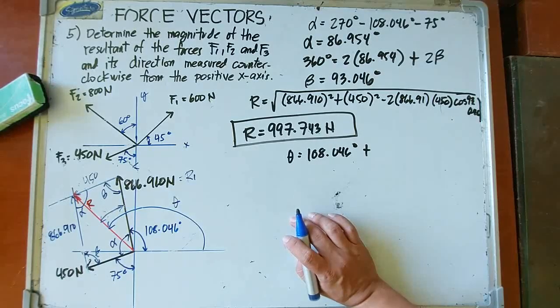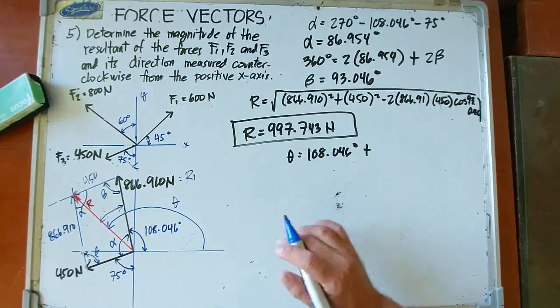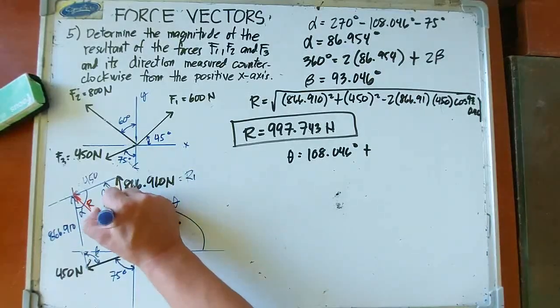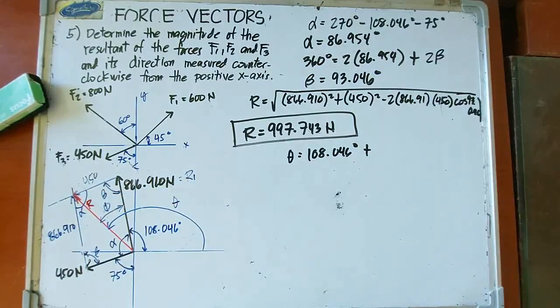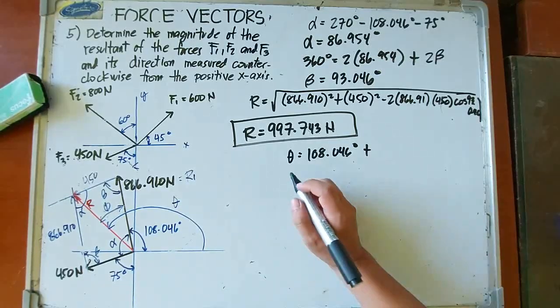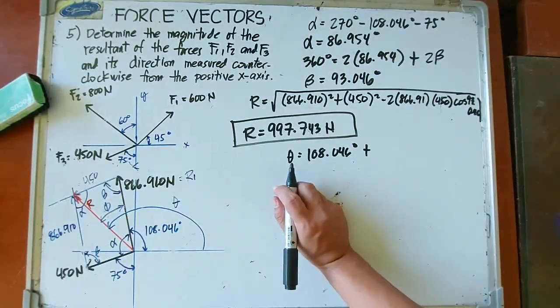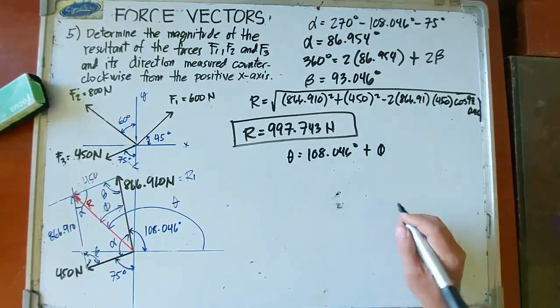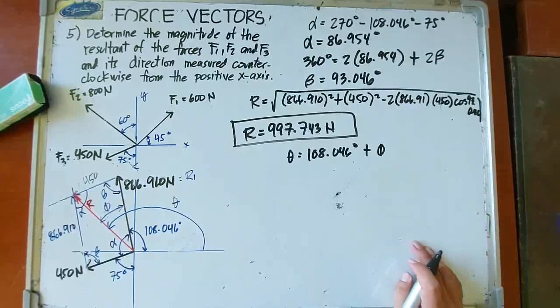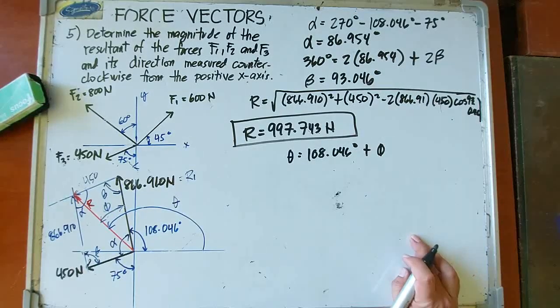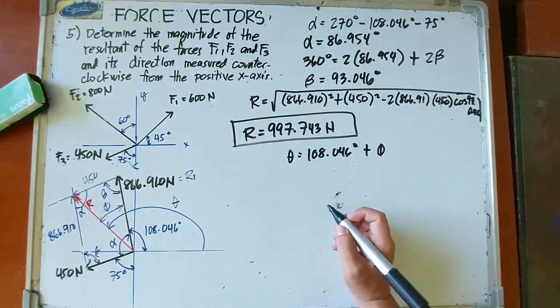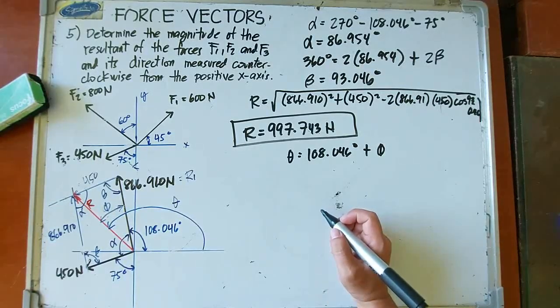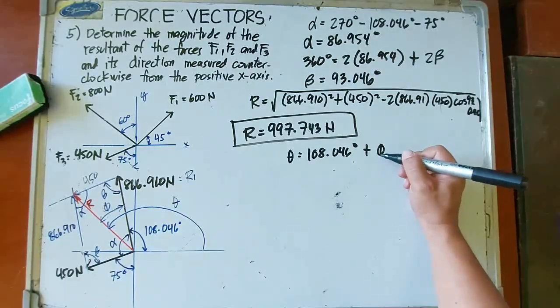Angle beta, alpha, theta, phi na lang. Phi. So theta is equal to 108.046 plus the angle phi. So how do you solve for the angle phi? You can solve for angle phi by sine law.